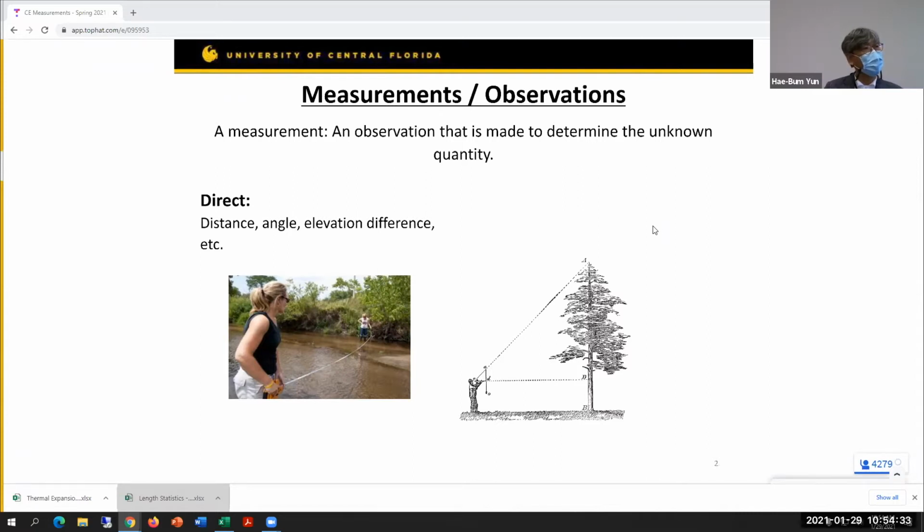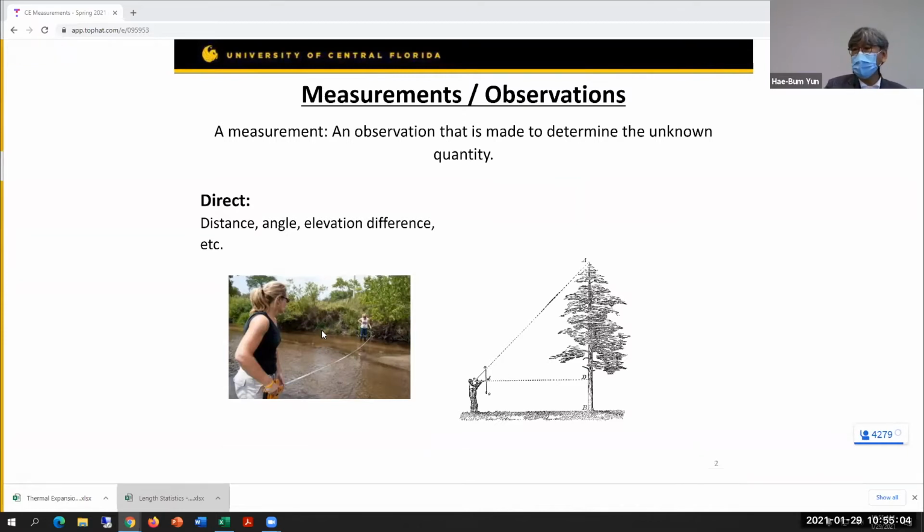My version would be slightly different from yours, but you can download it and watch. For direct measurement, as you can see in the picture, two people measure the distance directly using a tape measure. It can be measured with distance and angles, elevation difference, and so on.